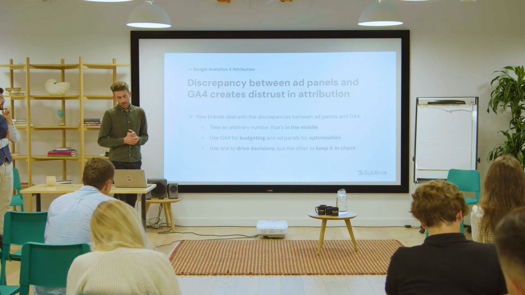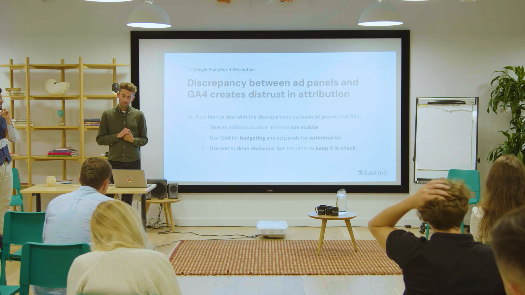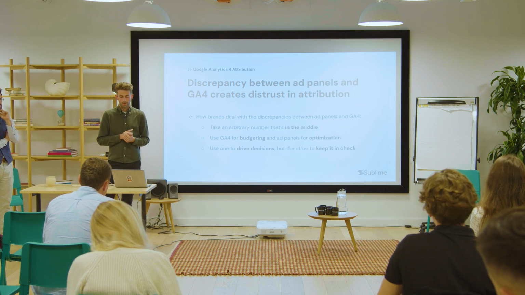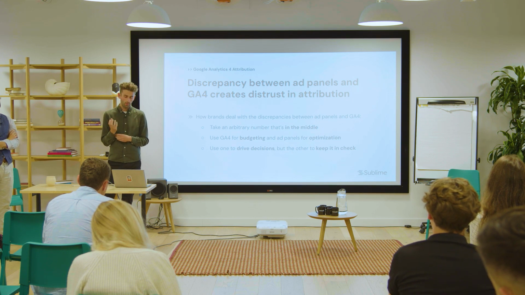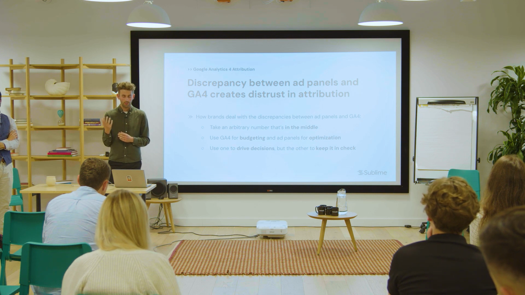The third method to deal with this discrepancy is to use one tool or the ad platforms to drive the decisions, but use GA4 to keep this in check. So we're trusting Meta, TikTok, and Google Ads more, but we also check how it ends up in Google Analytics 4.